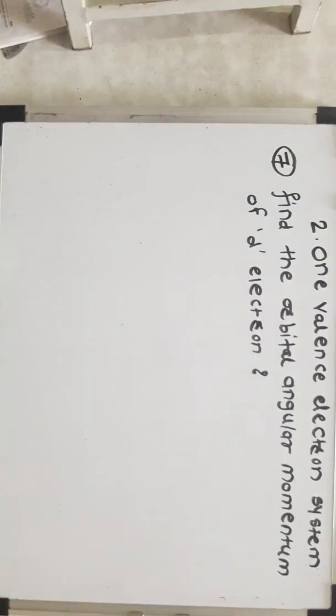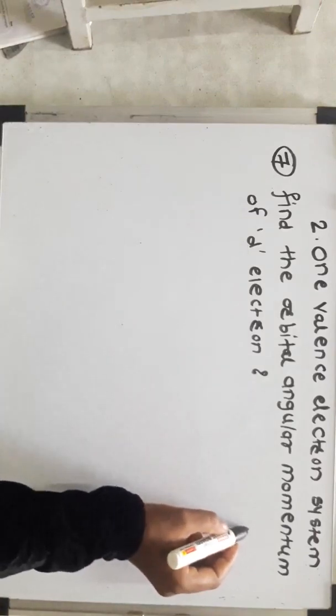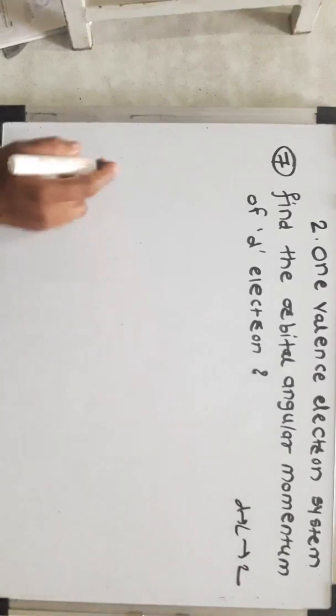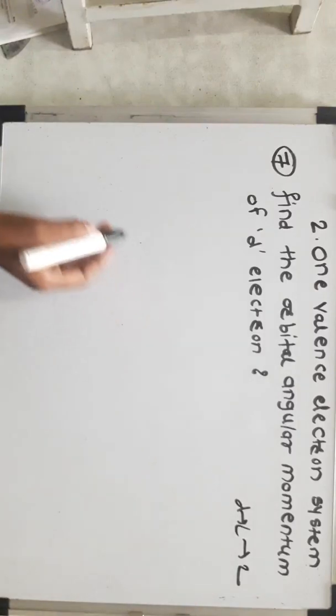Now d stands for l = 2. You have to know the value of l, then you will easily find the orbital angular momentum.